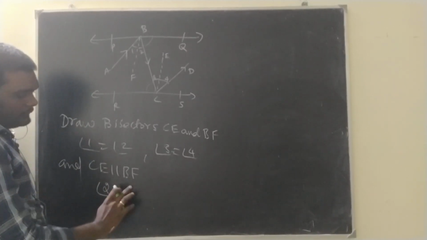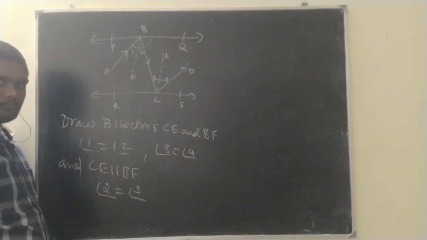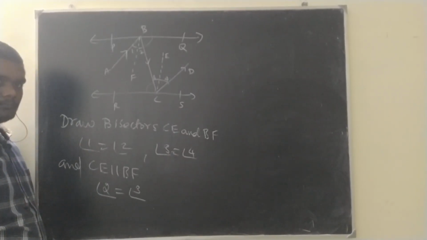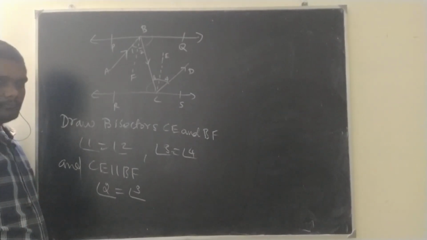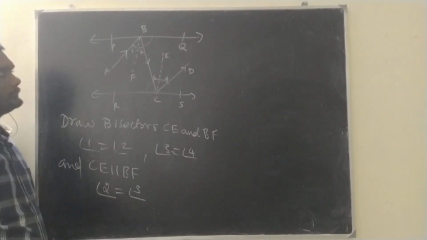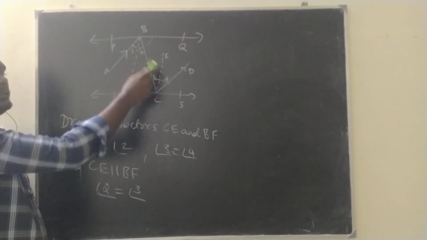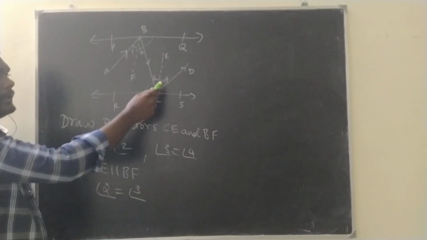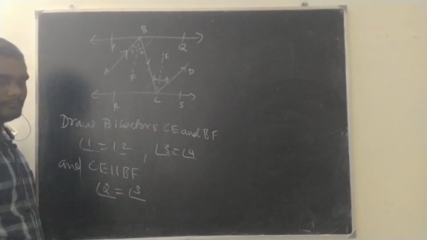Angle 2 is equal to angle 3. Then what will it give us? 2 is equal to 3, 3 is equal to 4. That means 2 is equal to 4. Also 3 is equal to 2, 2 is equal to 1. So all the parts are equal.